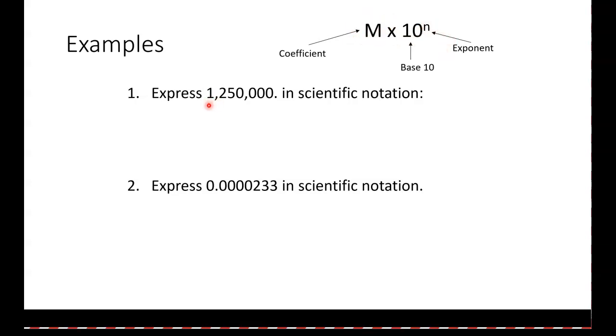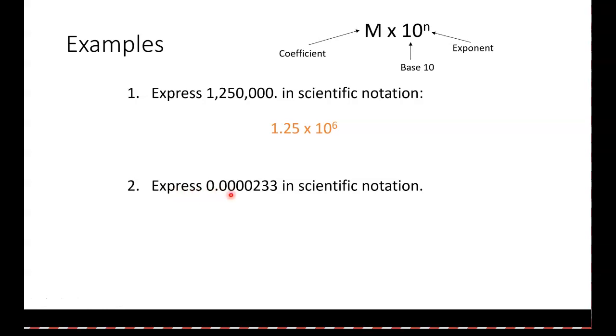We know that our number has to be between 1 and 10, so we're going to put the decimal point right here. So it's going to be 1.25, and then we have to figure out how many powers of 10 we'd have to raise it to in order to get this whole number. If we count, we see that there's 1, 2, 3, 4, 5, 6. And so we get 1.25 times 10 to the 6th.